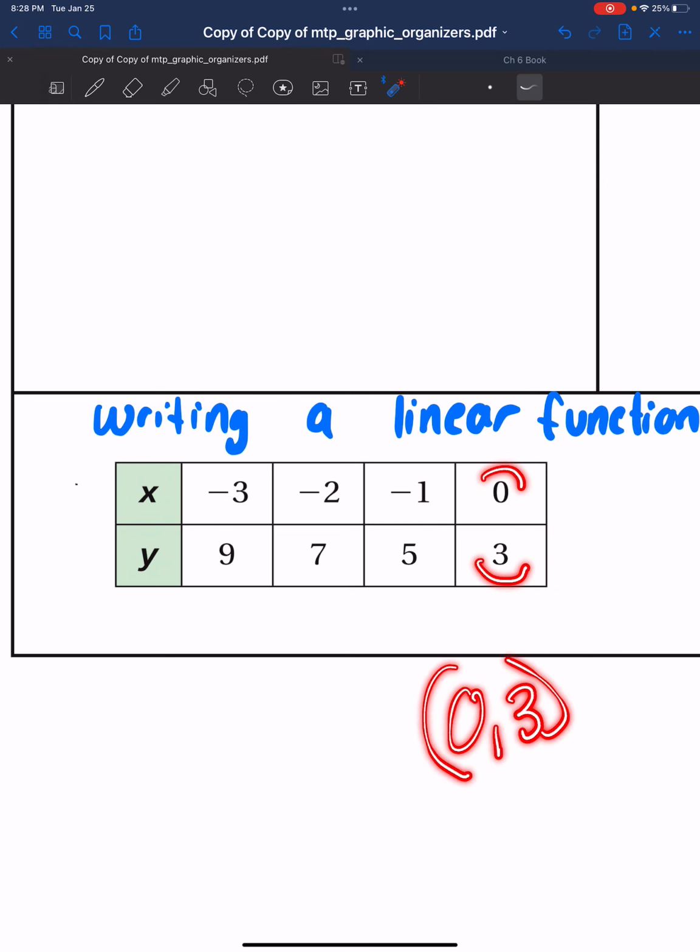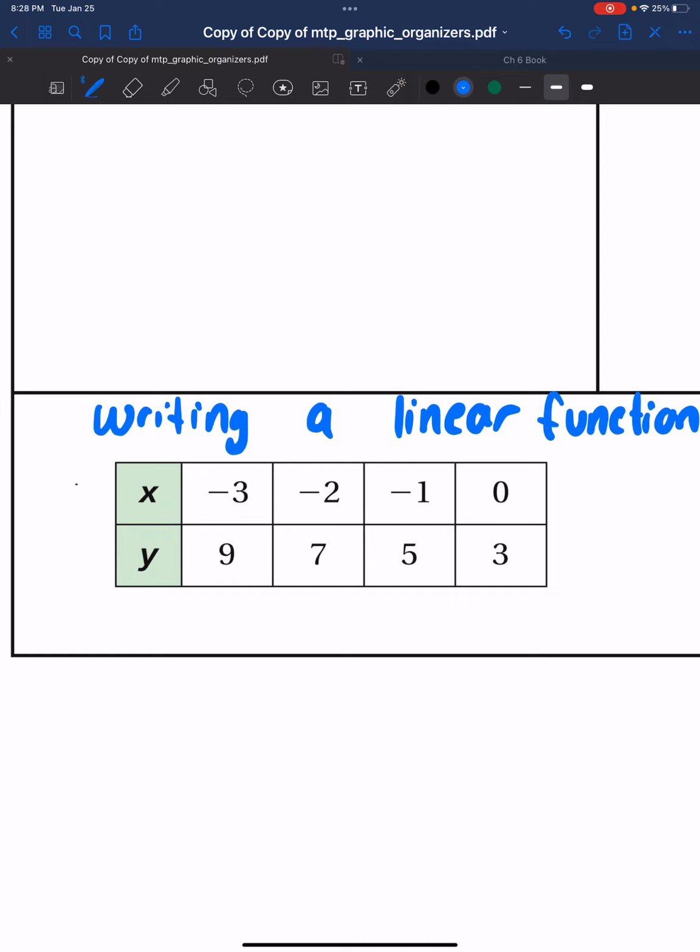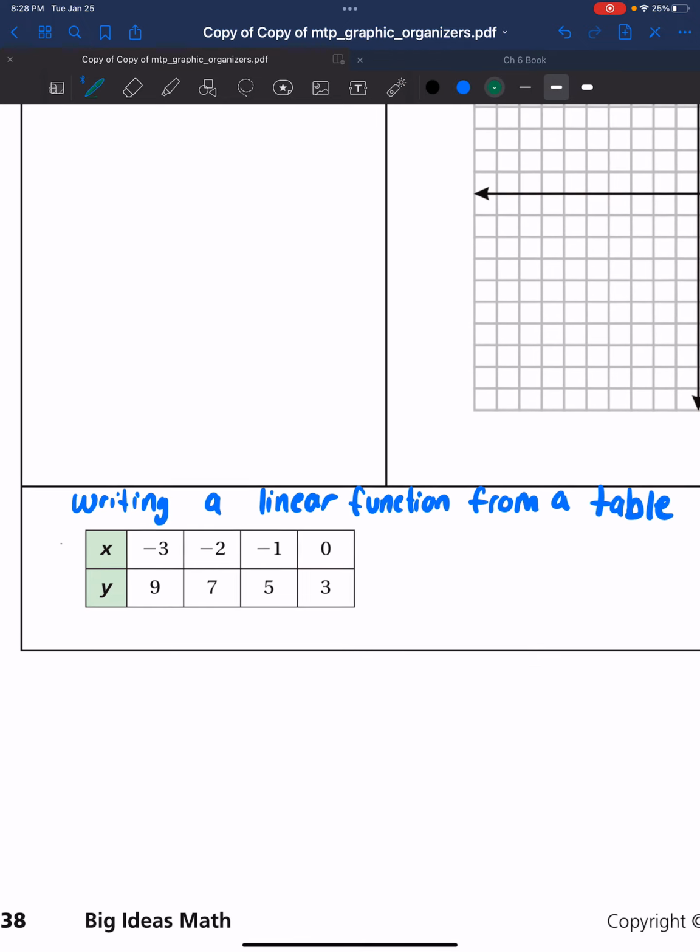So what is the y-intercept? 3. So could I write a y equals mx plus b equation just by given this table? Totally. Y equals, I'll find m in a second, I'll put the x there. I'm going to put the y-intercept is 3.